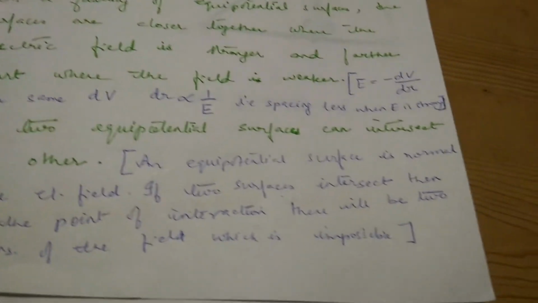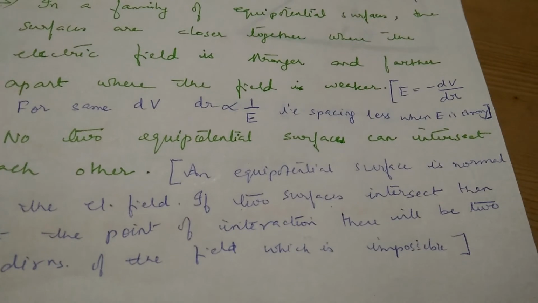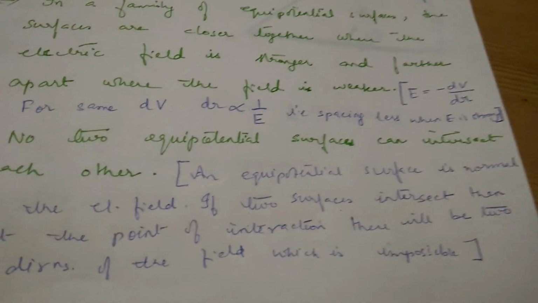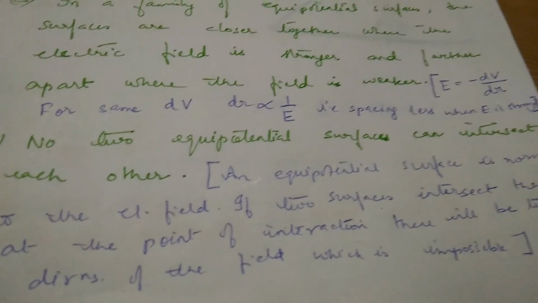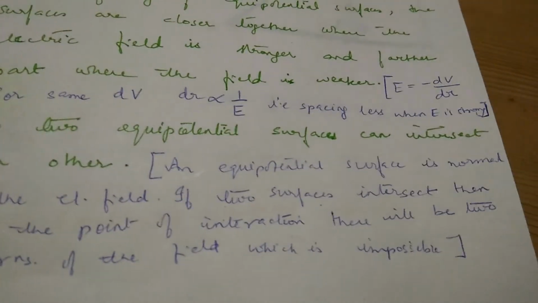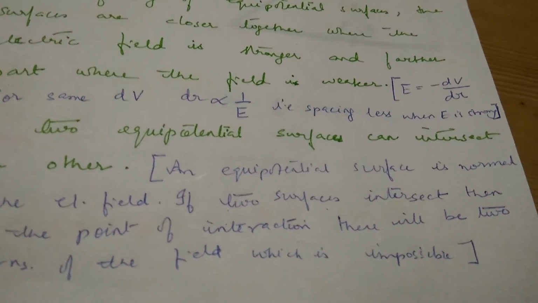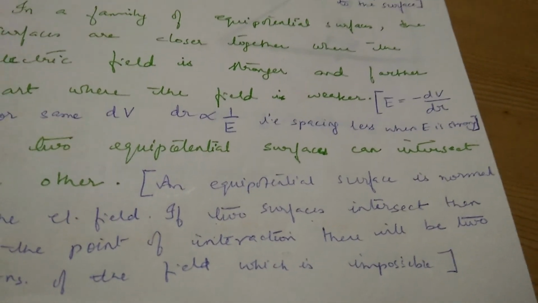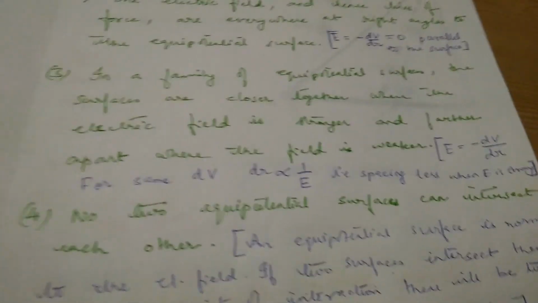An equipotential surface is normal to the electric field. If two surfaces intersect, if they cut each other, then what will happen? At the point of intersection, there will be two directions of the electric field, which is physically impossible. Electric field will have only one direction at a particular point. So, hence this condition that two equipotential surfaces can never intersect.